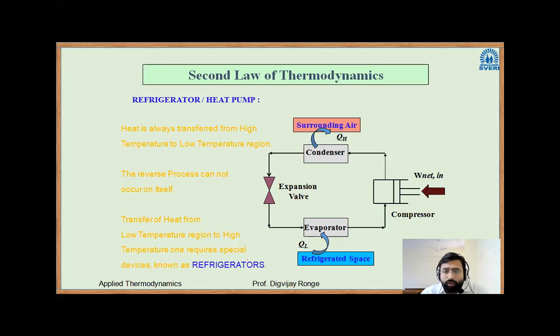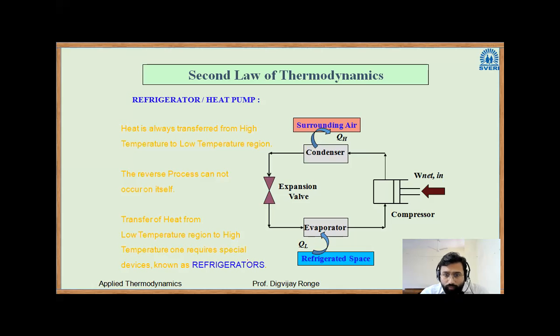Now, being diploma students, you are aware of the VCRS cycle, the vapor compression refrigeration cycle. It contains 4 major components: evaporator, compressor, condenser, and expansion valve. In this case, the sink, which is at low temperature, is the evaporator and the source is the condenser. So heat is extracted in the evaporator and heat is supplied in the condenser.